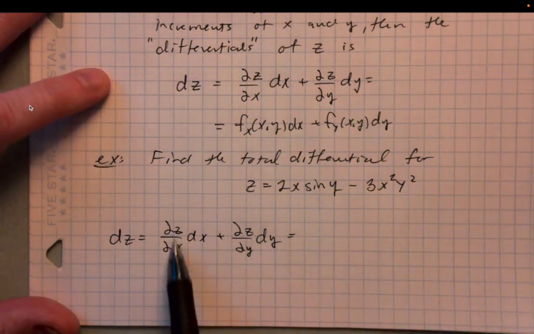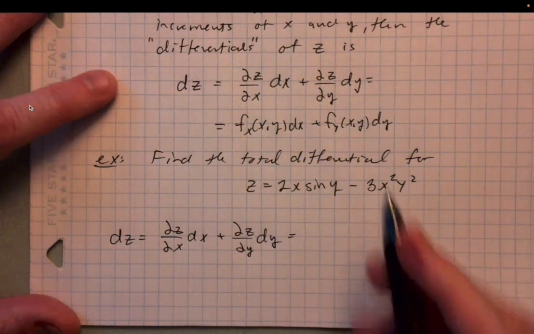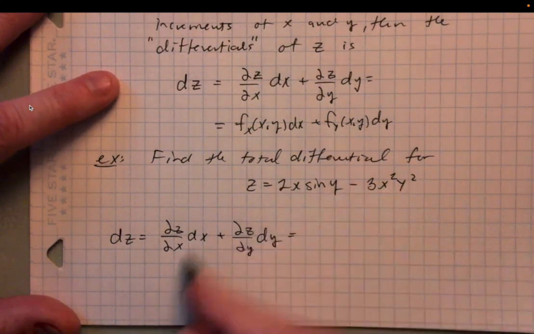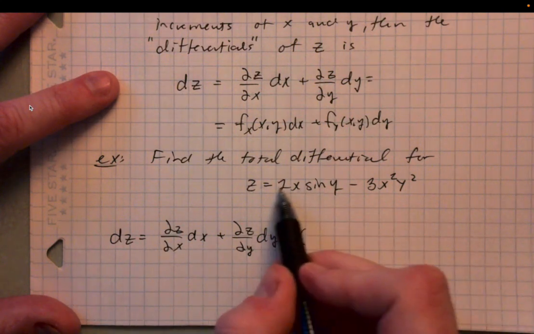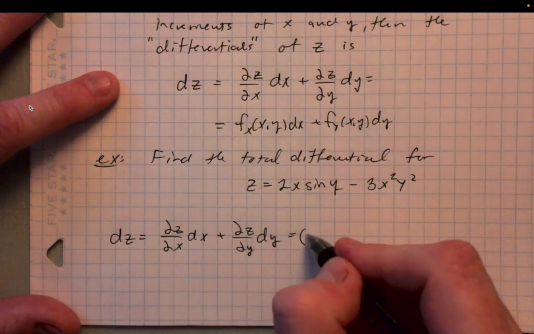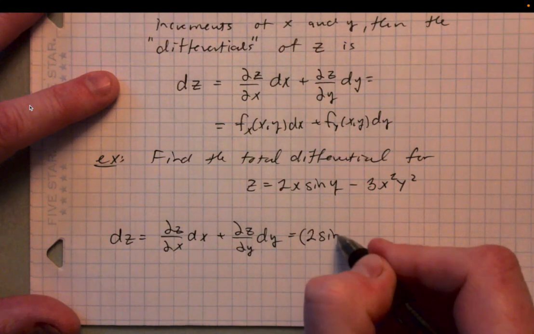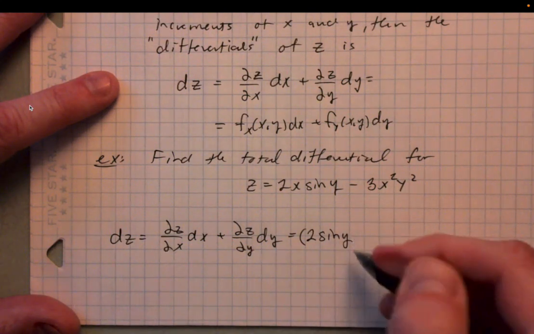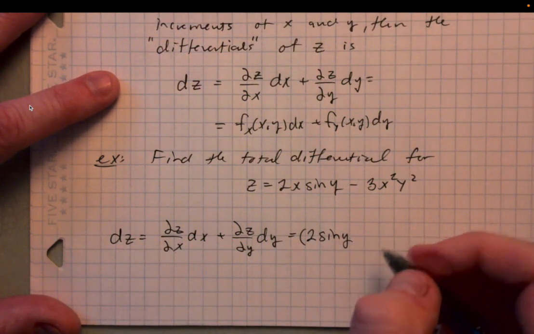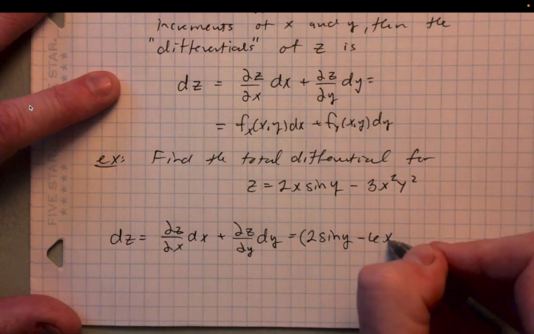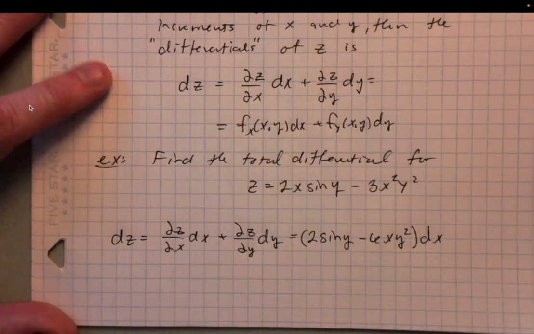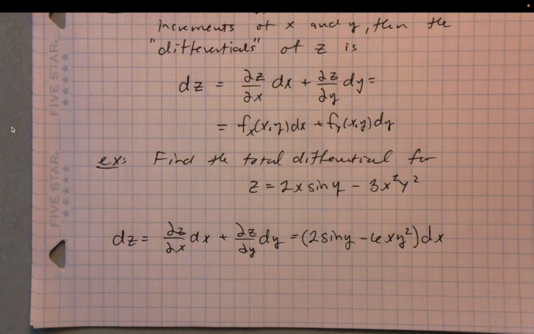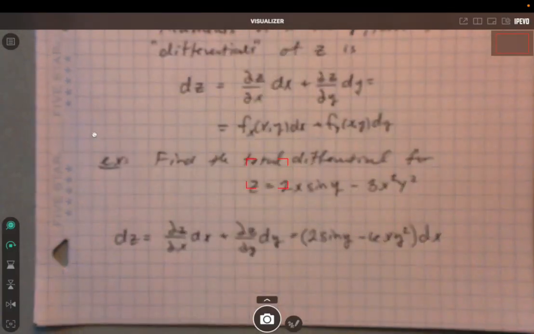We have to differentiate with respect to x first. Everything in here is a constant except for x, so you'd get 2 sine of y, minus 6x y squared. That's times dx.